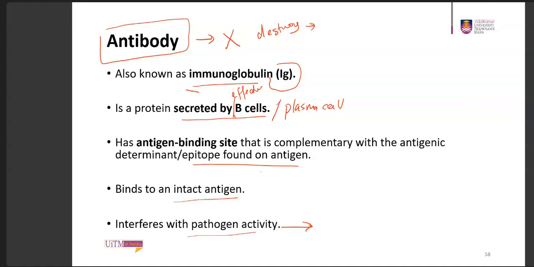It will interfere with the pathogen activity, for example, it can cause the antigen or the pathogen to clump together, or agglutinate, and then once it is clumped together, it is easier for macrophages to come and engulf. So remember, the antibody does not destroy the pathogen directly.